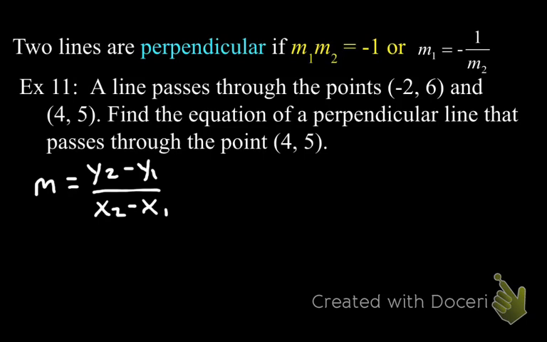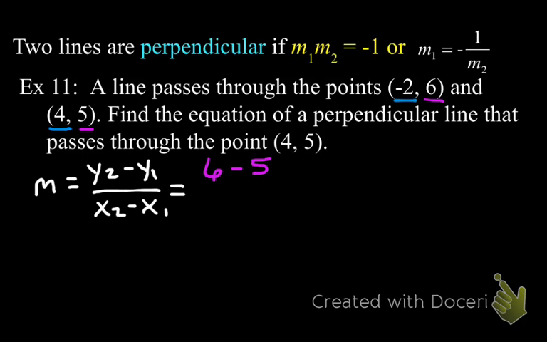But what I'm going to go ahead and do is I'm going to underline my x's in blue and my y's in purple. And I know that the y's should go on the top. Now we do have to make our order the same, so whichever one you put first. I'm going to put the 6 on the top first, minus the 5.